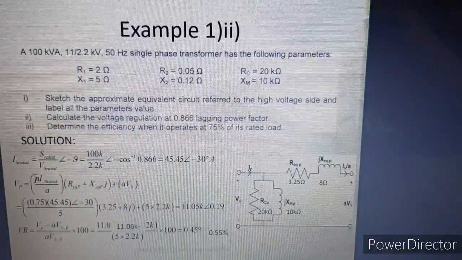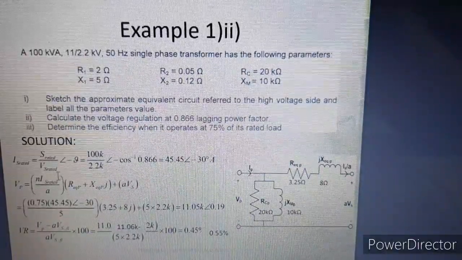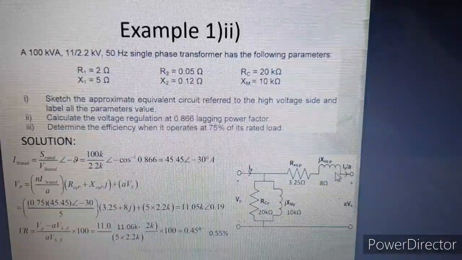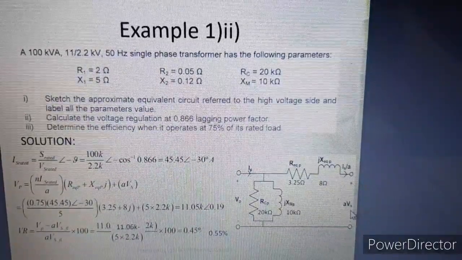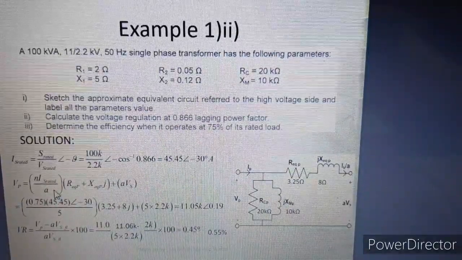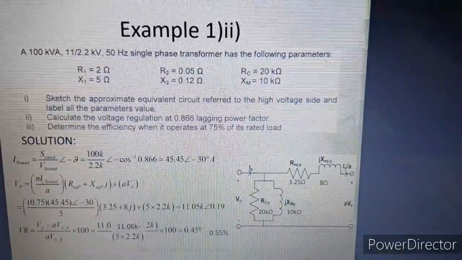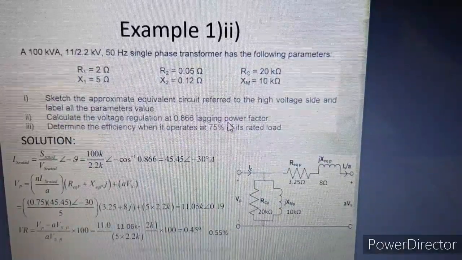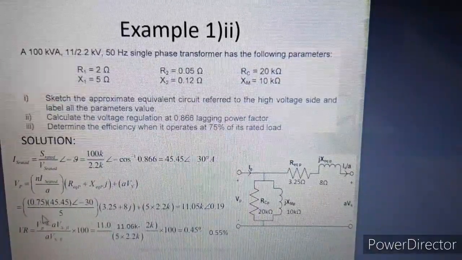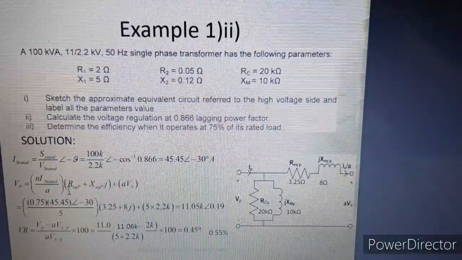So your KVL is IS over A times N, times R equivalent P plus jX equivalent P, plus AVS. In this case, your N is stated in the third question, that is 75%, so multiply 0.75 in front of IS rated.